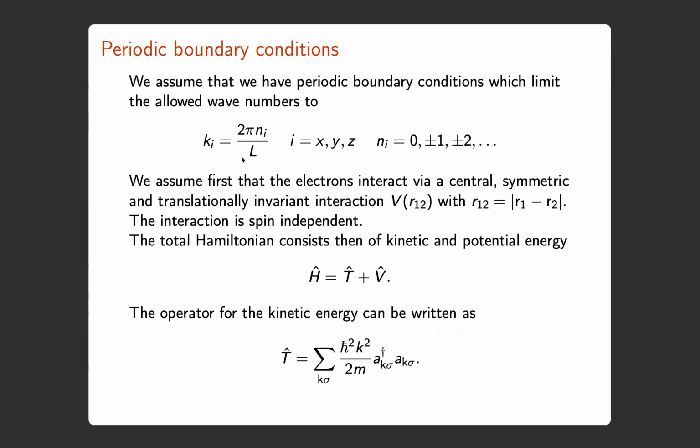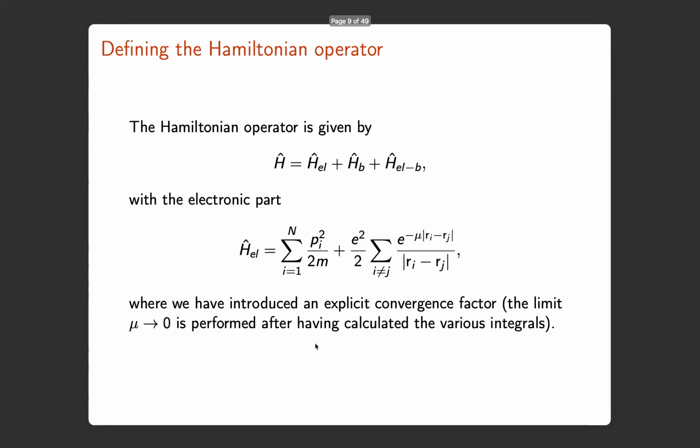So if we look at the motion in 3 dimensions, the energy and the momentum are going to be quantized. And we are going to set up a Hamiltonian now, which will obviously contain kinetic energy and potential energy. If we look at the electron part only, that is going to contain a Coulomb interaction, which we are going to screen.